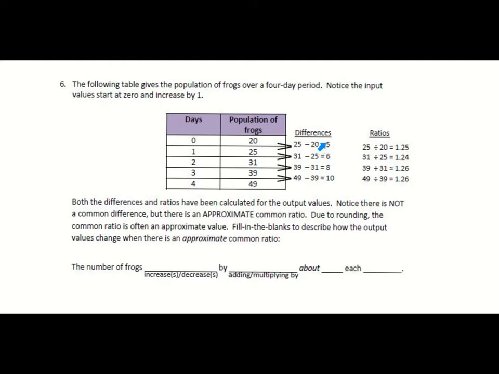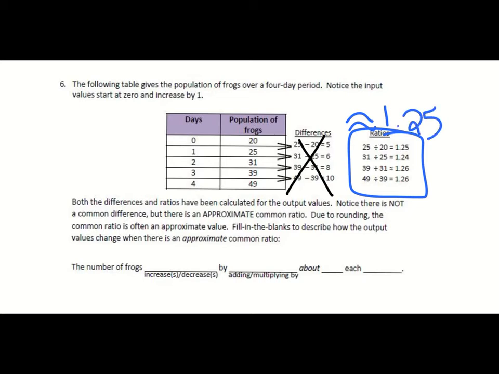So if I look here, my differences are 5, 6, 8, 10. And over here, my ratios are 1.25, 1.24, 1.26, 1.26. So even though this is not exactly the same, these are still closer to being the same than my differences. So I'm going to go with the differences not being correct, and I'm going to go with my ratios, and I'm going to say this is about 1.25 on average.